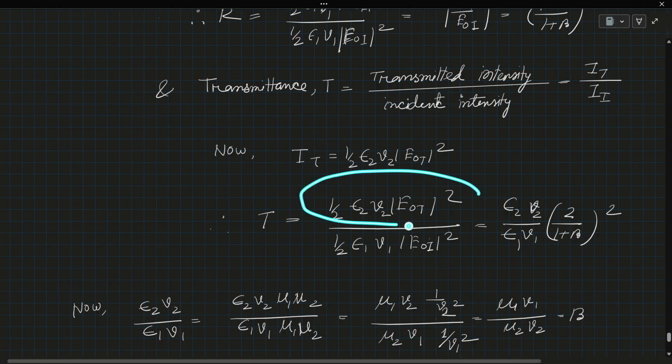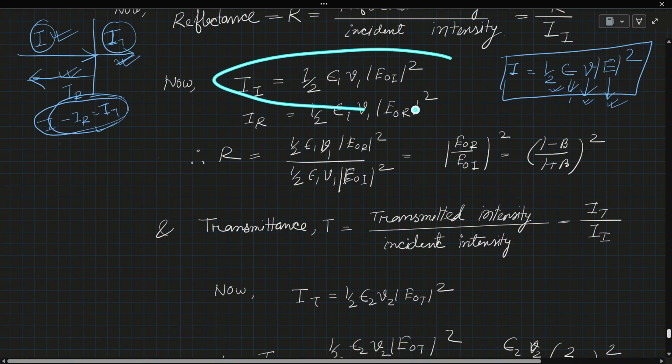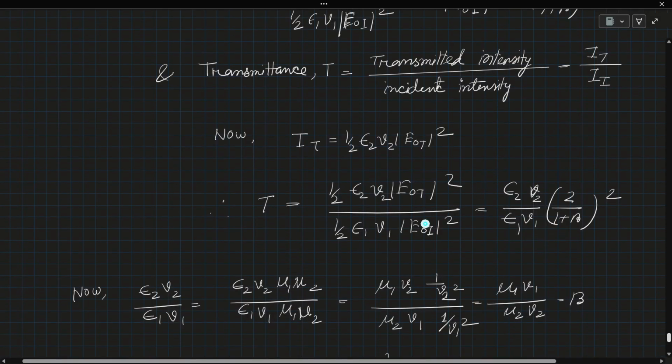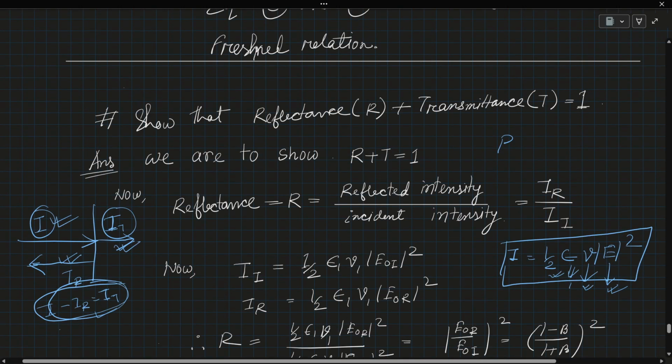This is for IT, and for the intensity of the incident wave, we have got it here, right? Using these two, I can write this divided by this. But here these two terms are not the same, so only these two will get cancelled, and these two terms will remain, with the square term, and EOT divided by EOI from the third Fresnel equation.